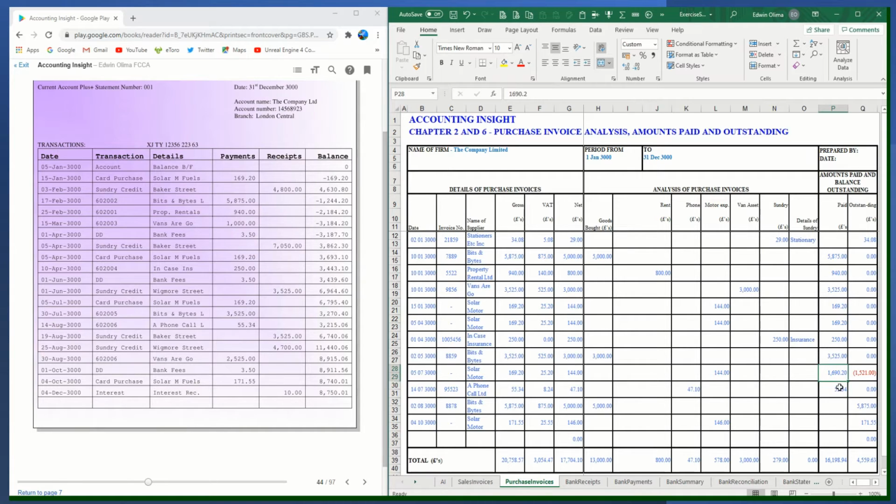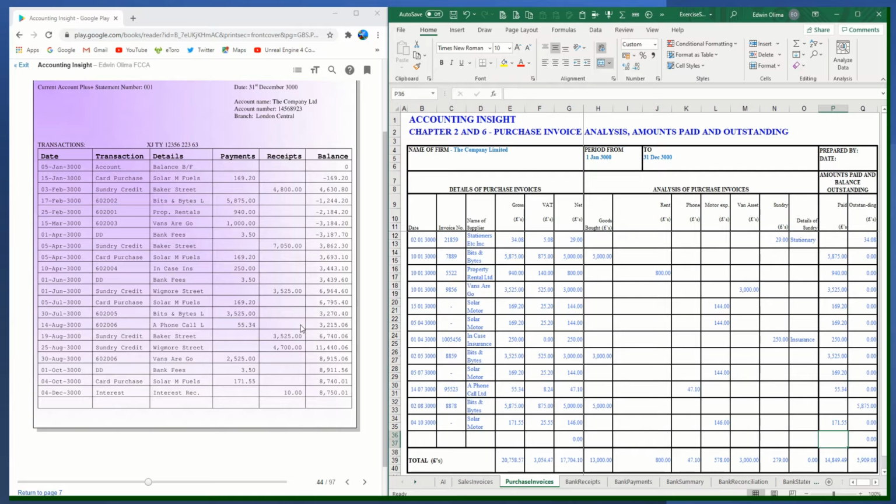Oops, sorry, wrong amount. 169.20. We've entered that one. As you can see the check numbers. We've entered that one. Bank fees we're not entering, and we've got one last payment there to Solar Motor Fuels, 171.55.